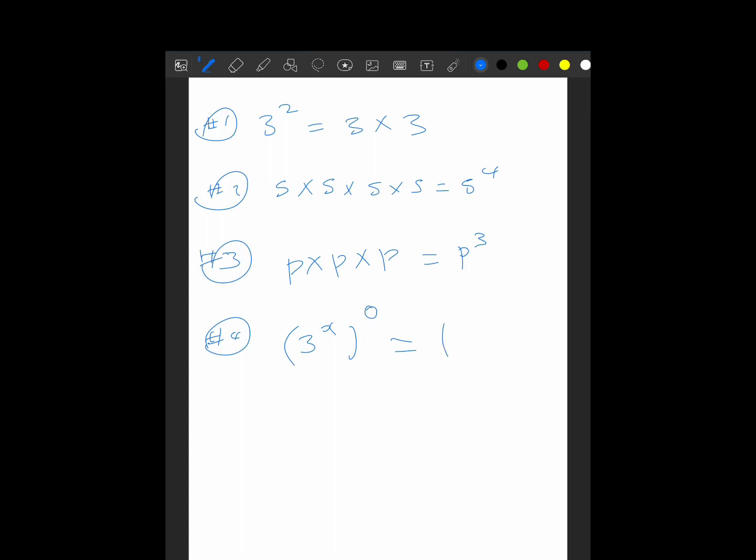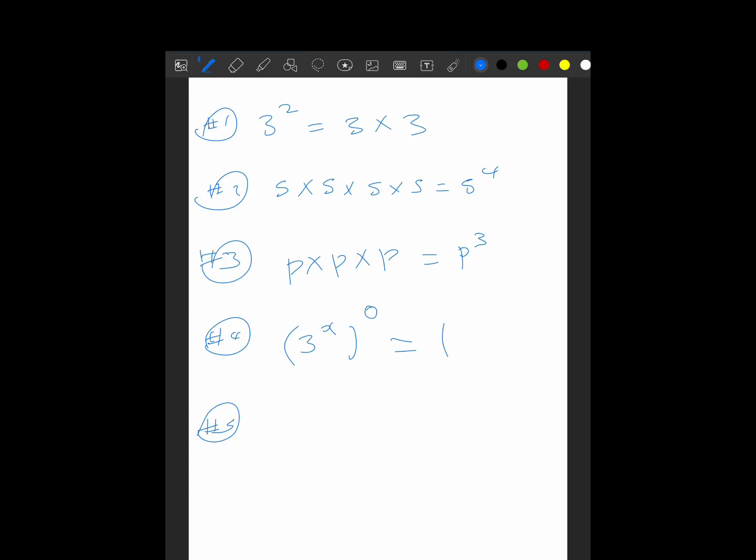It doesn't matter what that is. If the exponent is 0, it is equal to 1. So 3x power 0 is equal to 1. Make sense? Please remember that you'll be using these identities a lot in your mathematics, so you need to be comfortable with them.